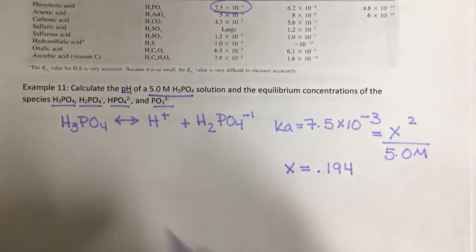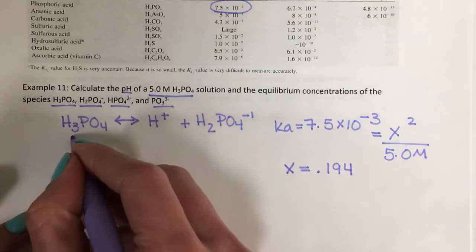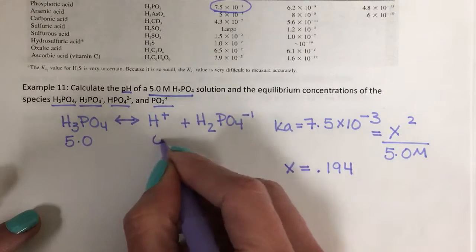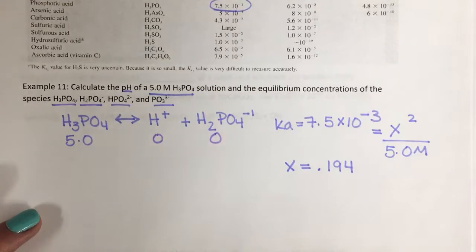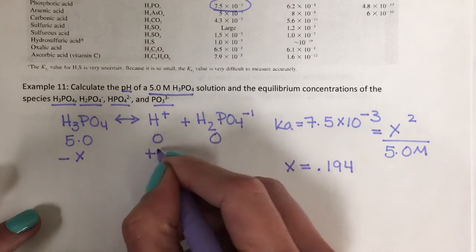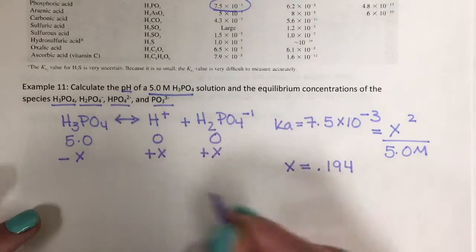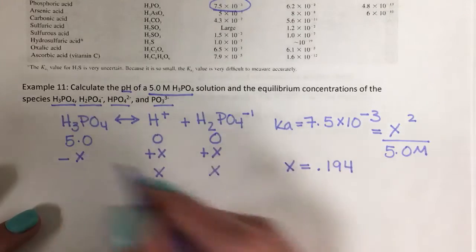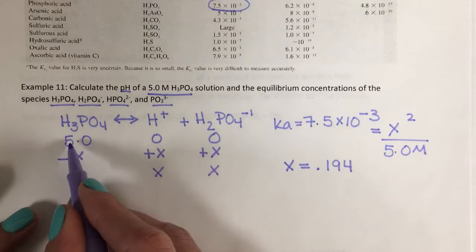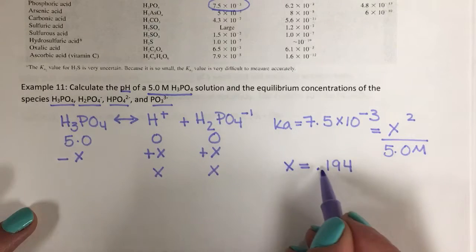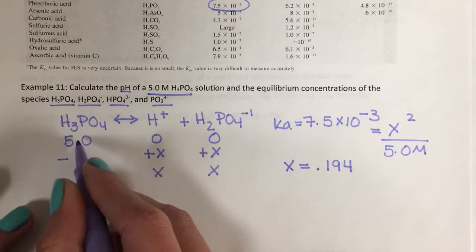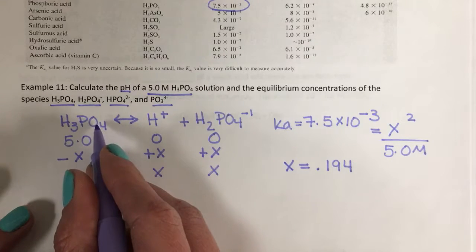Okay? Now, over here, remember, I had 5.0 molar initially of this, 0 of this, 0 of this. It's going to change. So that's where those x's came from. Now, what I'm saying is that 5 minus 0.194 will give me the equilibrium concentration of H3PO4.